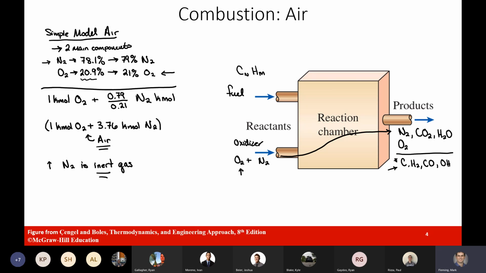Generally we want to have perfect or complete combustion, and we'll talk about what that is coming up. These would occur in real combustion processes if we didn't quite get that perfect chemistry. If we didn't provide enough air, our fuel wouldn't fully convert into carbon dioxide and water, and we'd have carbon monoxide, some hydrogen, carbon, and remnants of the fuel.